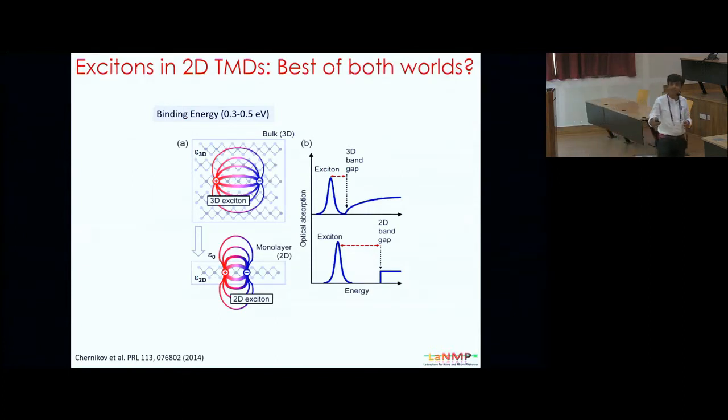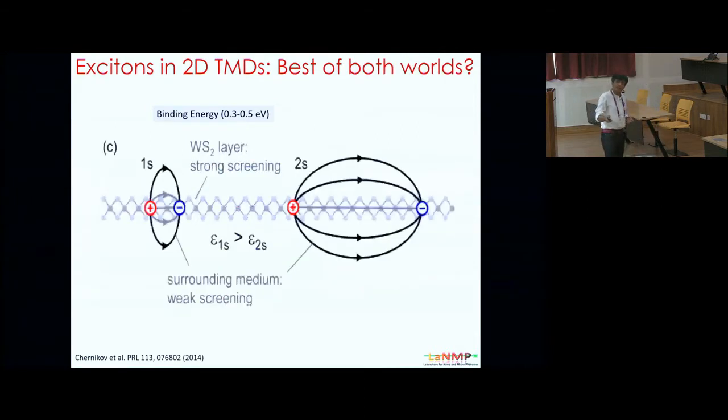Well, there are some other interesting aspects. If you look at the binding energy, they have very large binding energy, and that has to do with the way the states occur in these materials, but also the screening plays a crucial role. There is strong screening in the layer, whereas it's weakly screened outside. This means that I can start thinking about playing tricks with the dielectric environment surrounding this 2D material to modify the binding energy or the band gap.